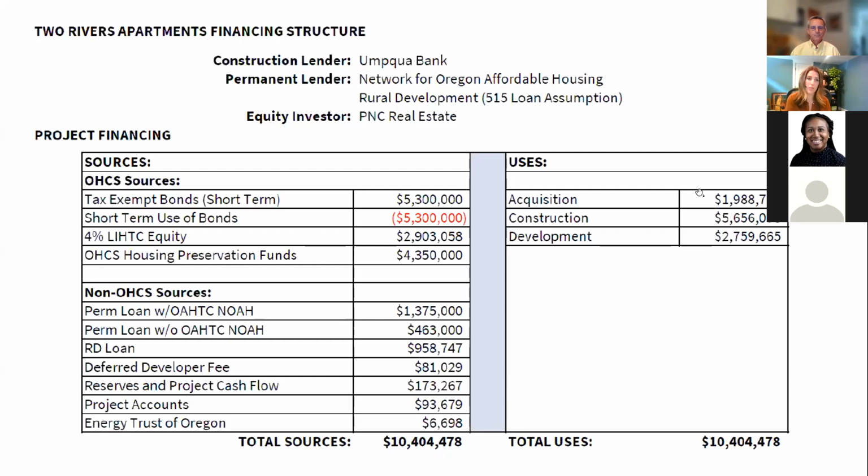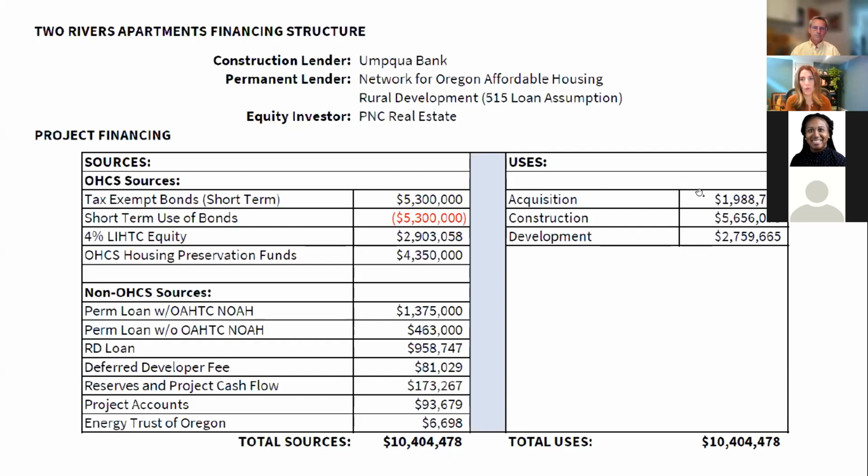I also just want to lift up that Oregon has been highlighted, as I look at the sources and uses, in that you have a tremendous amount of assets available to you in the state that I know are not available in every state. I'm sure our partners here in the other states in the region are like, oh, we don't have access to all of those sources. The OAHTC seems to be exceptionally helpful, right?